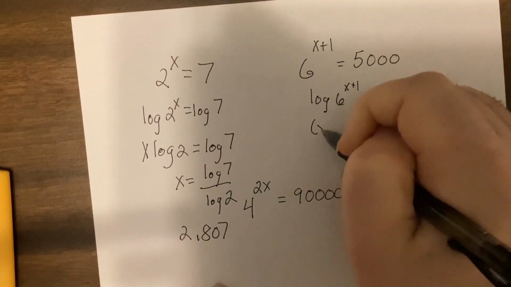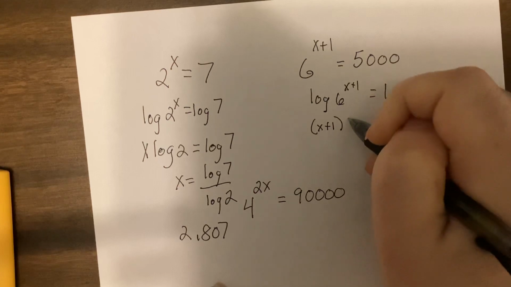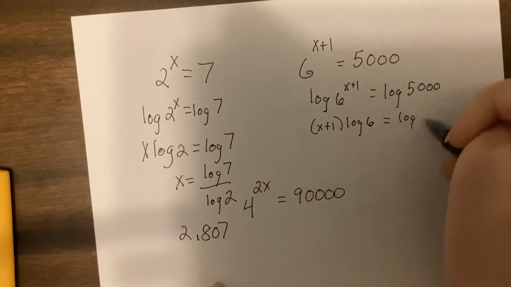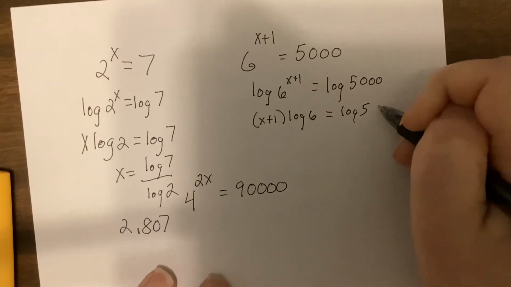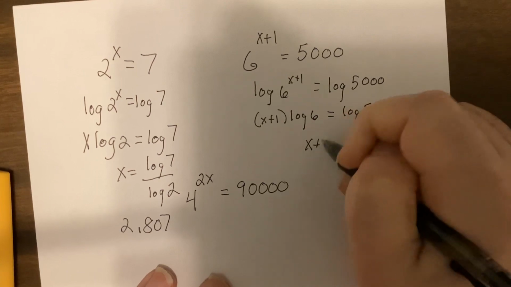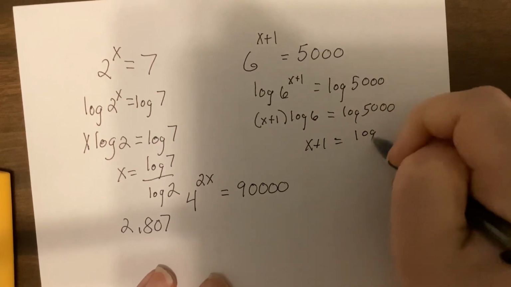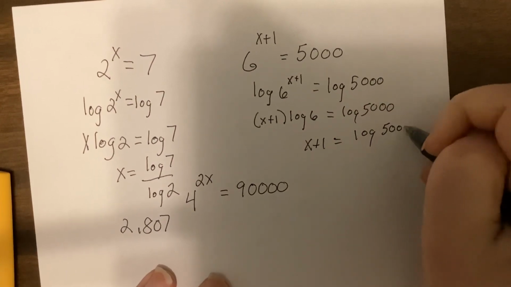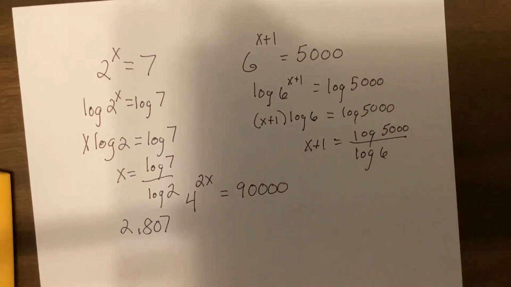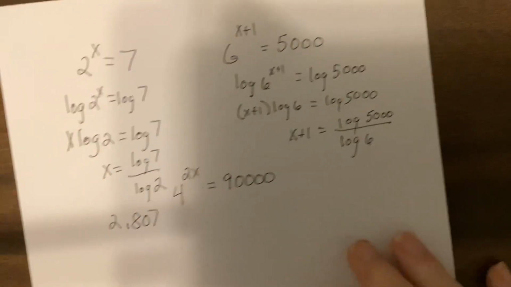So bring out the x plus 1. So x plus 1 equals log of 5,000 divided by log of 6. And I'm just going to do it.